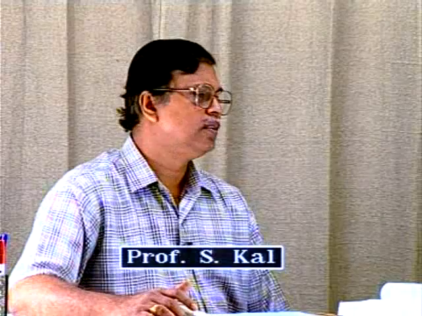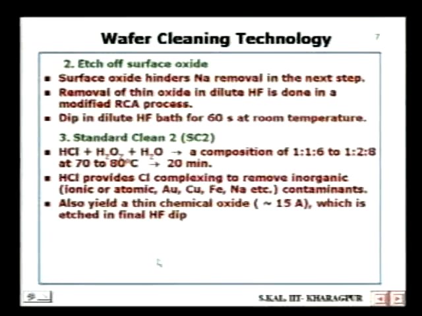In the SC1 step we use ammonium hydroxide, hydrogen peroxide and water, and in the SC2 step we use HCl, which is hydrochloric acid, hydrogen peroxide H2O2, and water. The combination of these 3 is known as the modified RCA process.